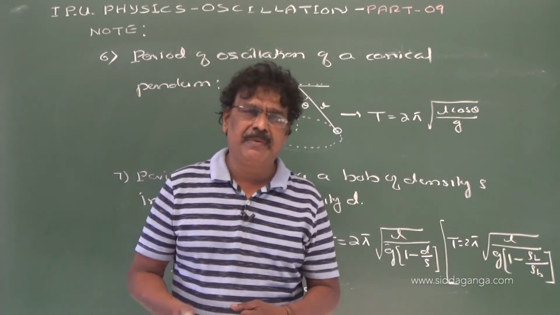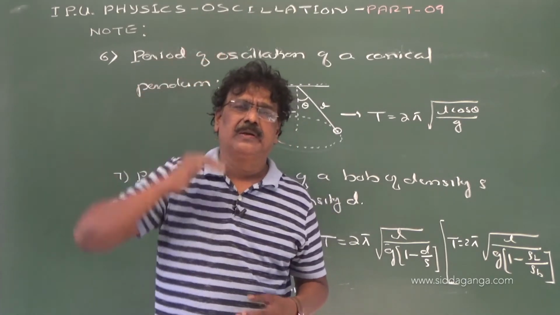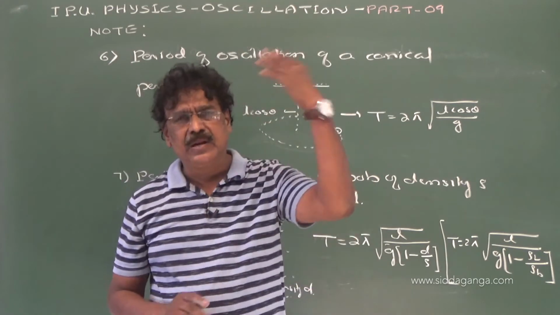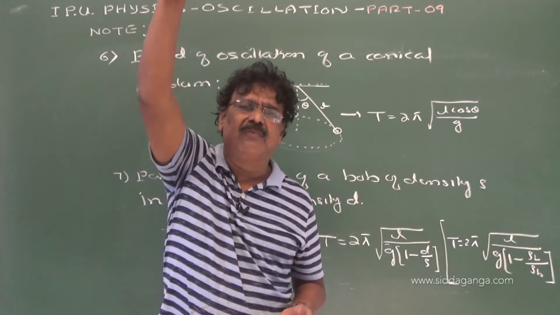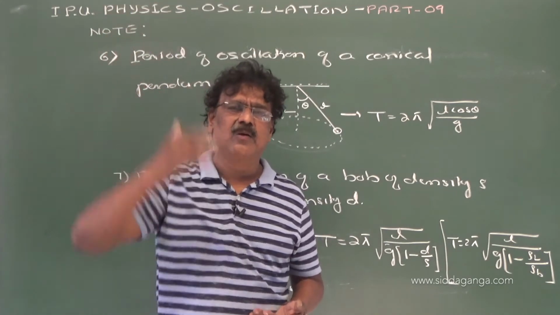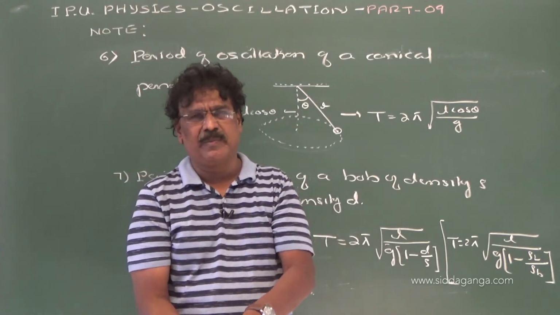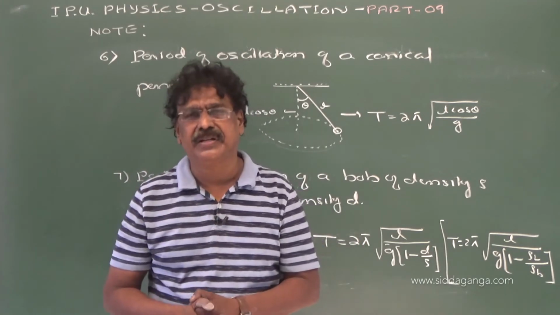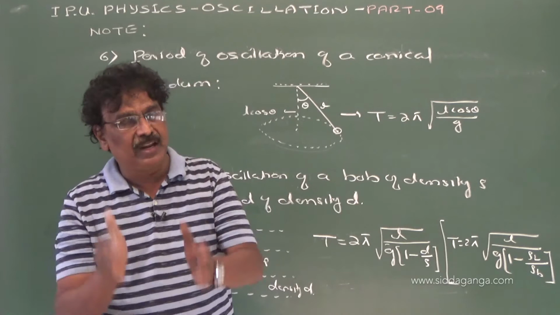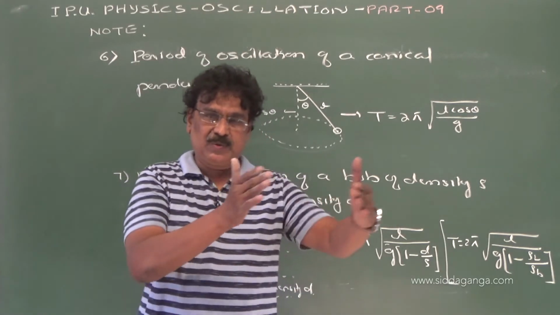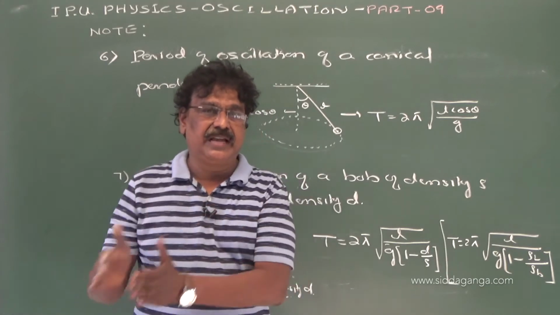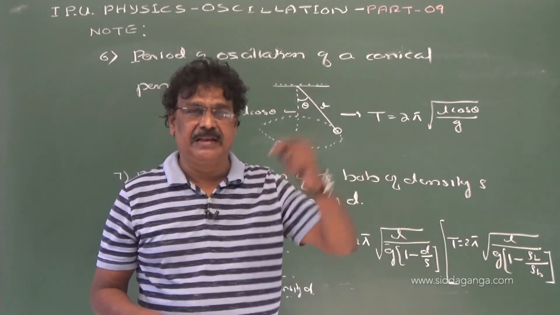Similarly, there may be a question: what happens to a simple pendulum when it is put in a satellite, in vacuum, or at a height of 1 kilometer, 10 kilometers, or at a depth of 1 kilometer or some kilometers? How does the period of oscillation change? If we know from place to place the change in acceleration, then if the acceleration decreases, the time period increases.